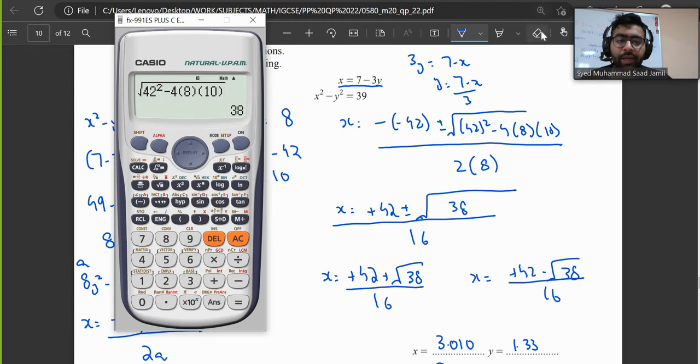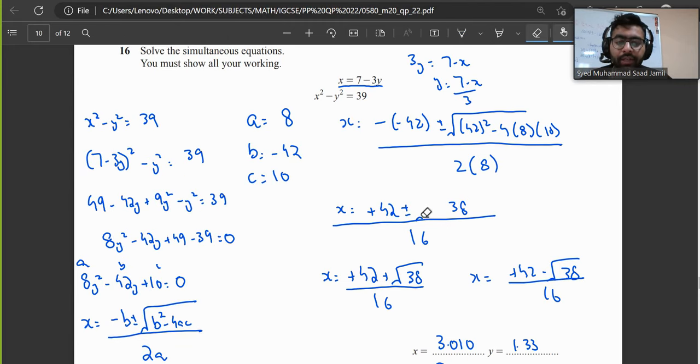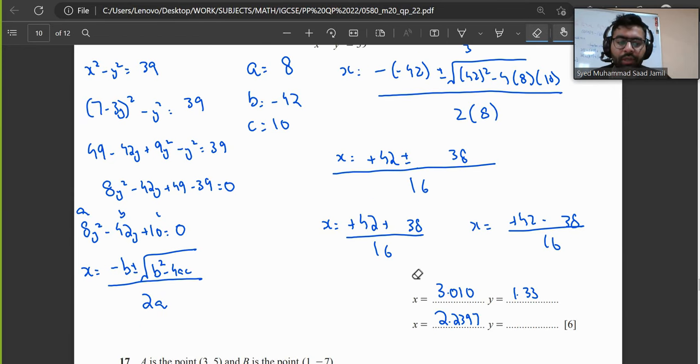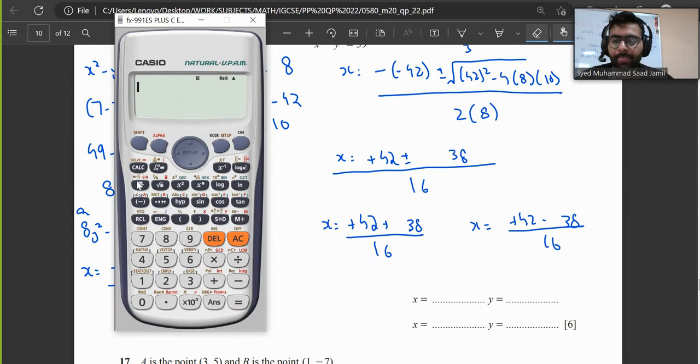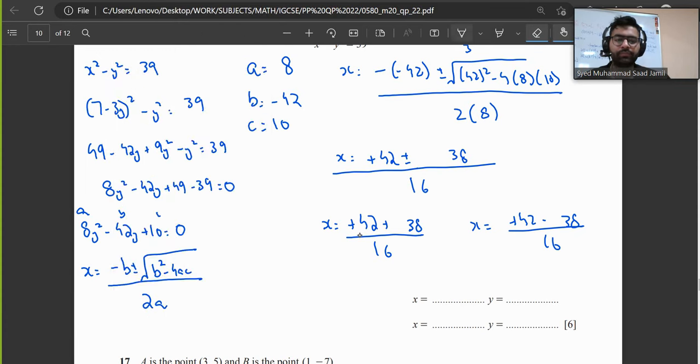The answer was directly 38, but by mistake I did under root 38. So remove the under root, guys. Just remove the under root. So now we'll do this again. So 42 plus 38 upon 16. So the first value is 5.